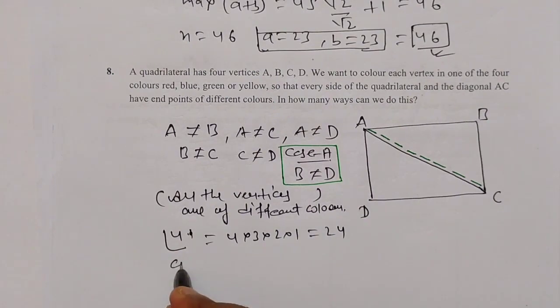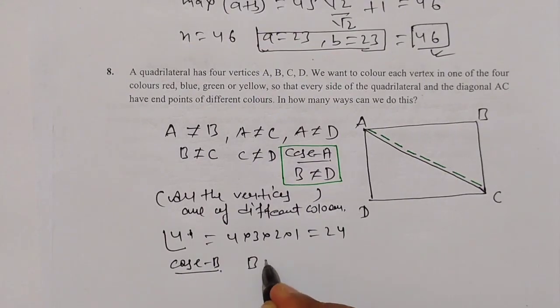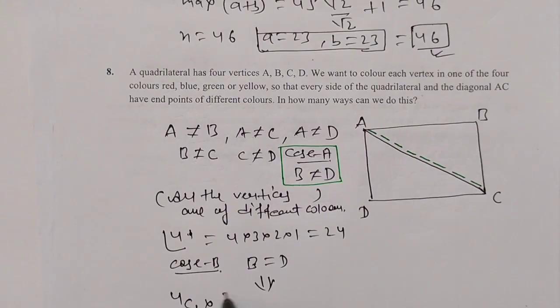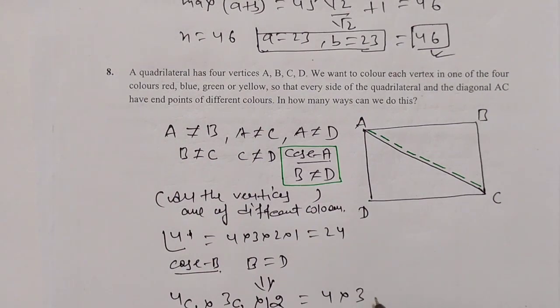Now for the case B, if we use B equals D, then in this case we have the following arrangements, like 4C1, then 3C2, then 2 factorial, and this is equal to 4 into 3 into 2, and this is 24.